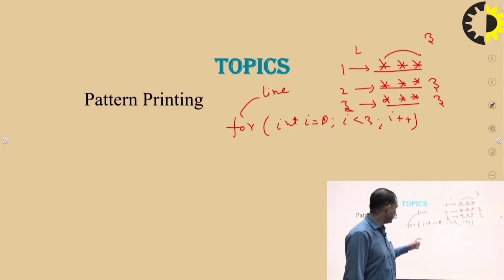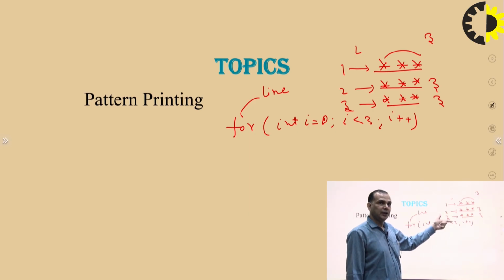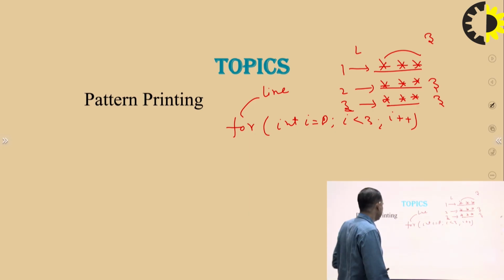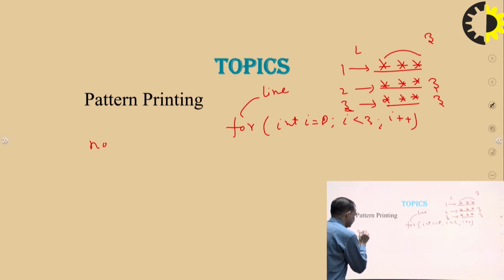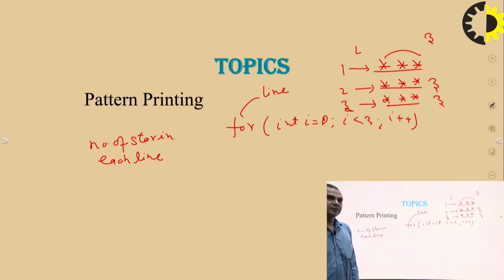So one loop is applied for the number of lines to print, and in the second one we use a loop for how many stars we print in each line.